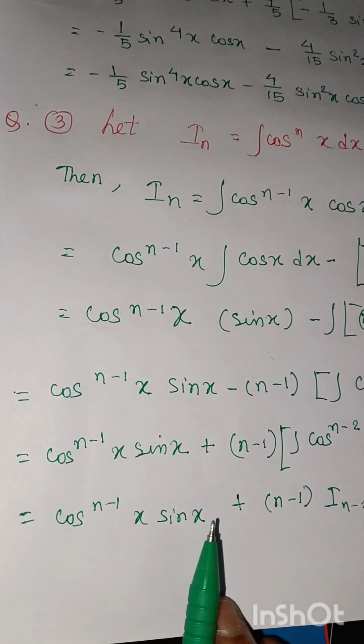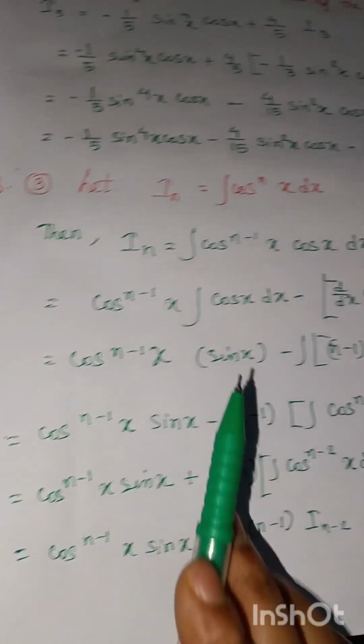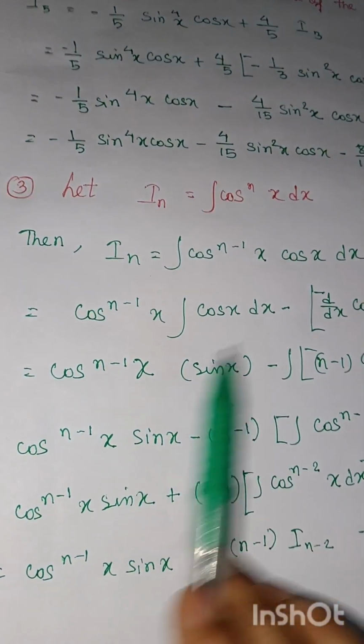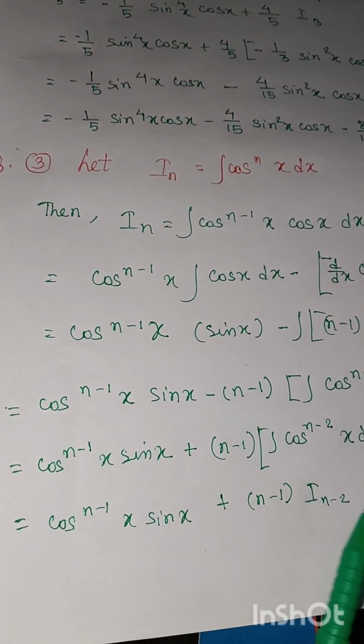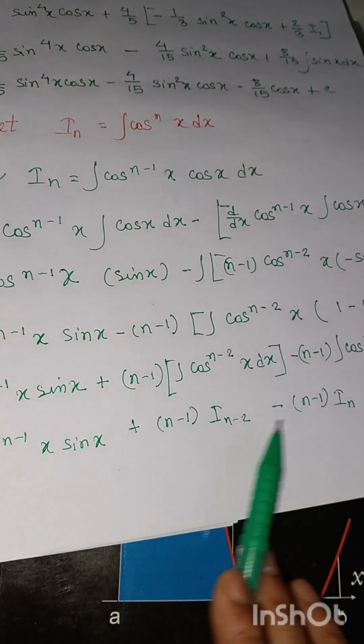Actually we put I n in place of cos to the power n x, because that is cos to the power n x, so the simplified line is this.